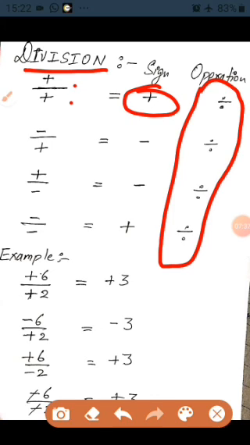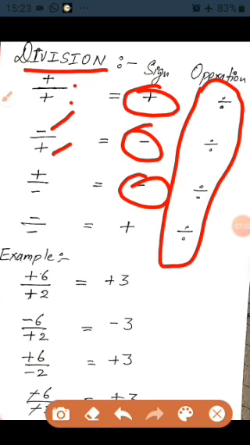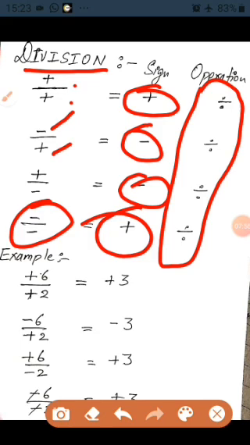In the second case, if the first number is negative and the second is positive, then the answer will be negative. Meaning if either the denominator or the numerator is negative, then the answer will also be negative. And if both numbers are negative, then the answer will be of positive sign.